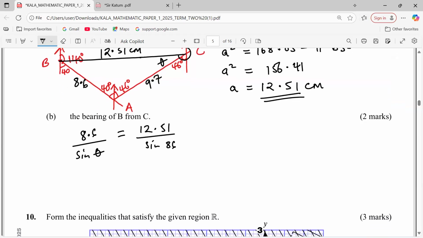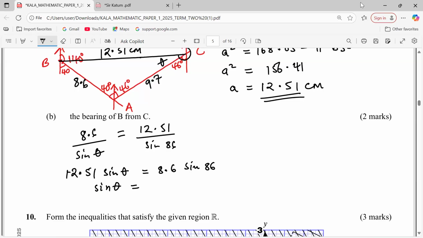So we can now compute, after cross multiplication, 12.51 sine theta equals 8.6 sine 86. So how shall you remain with sine theta? You need to take 8.6, the sine of 86, and you divide by 12.51.